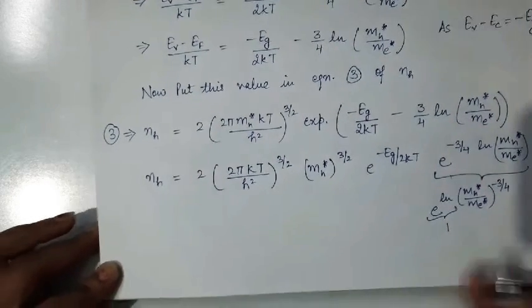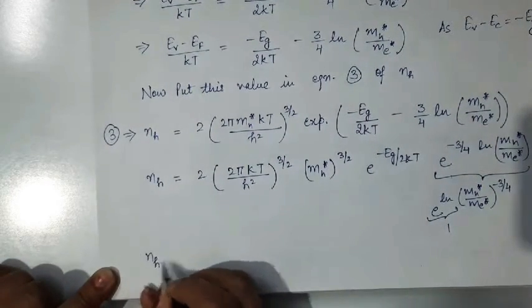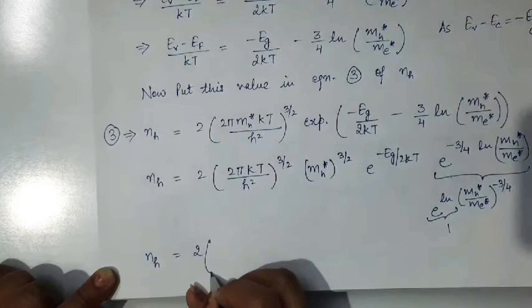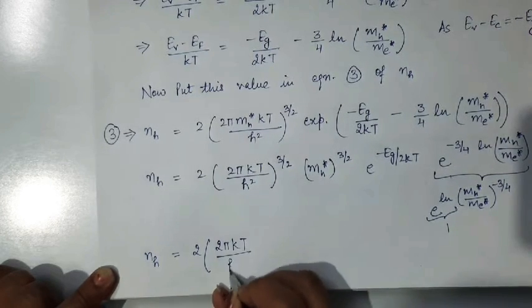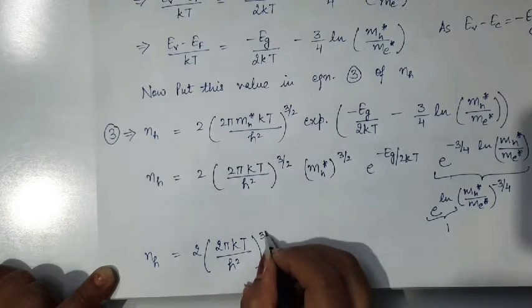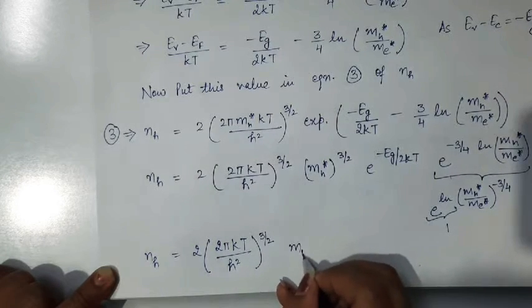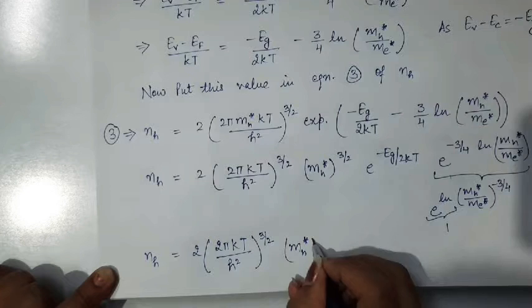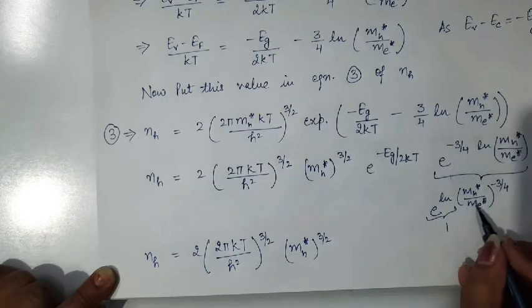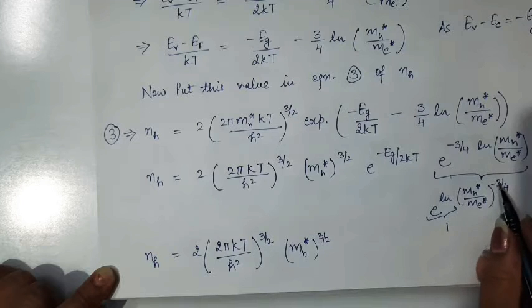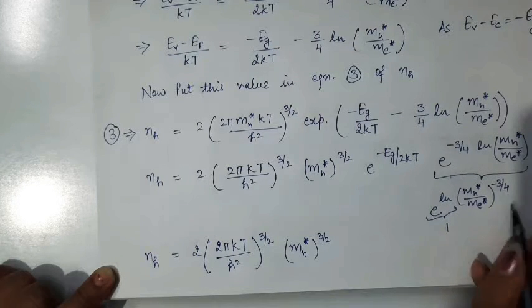It means we're left with NH, it is equal to 2 into 2 pi kT upon h square raised to power 3 by 2, mh star 3 by 2, and take its reciprocal. This minus 3 by 4 will become plus 3 by 4.